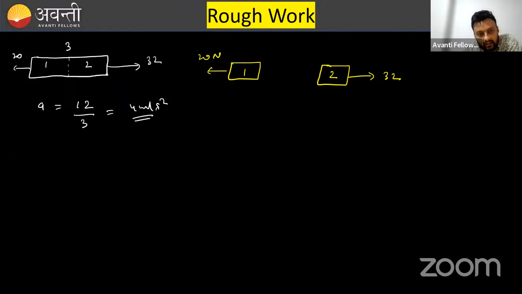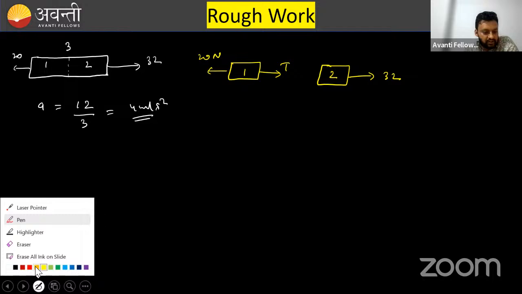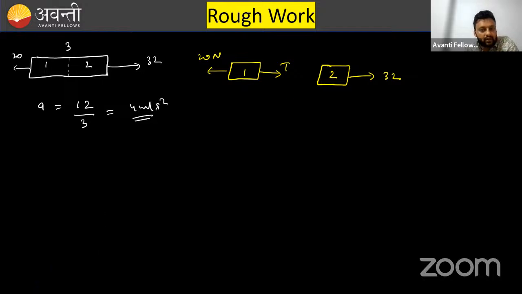Now, this 2 kg part may be applying some tension here, T. So what we can write in tension, अरे क्या ये एफबीडी क्लियर हुआ ना अपने पास? टेंशन की इक्वेशन लिखेंगे तो दैट विल बी T minus 20 is equal to mass is 1, acceleration is what? 4. So T is coming out to be 24 Newton.